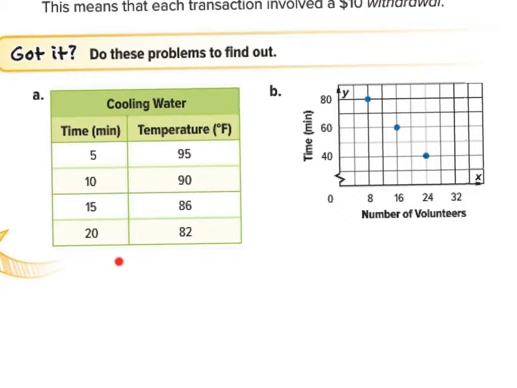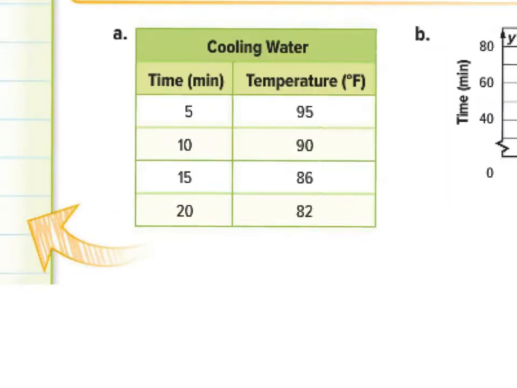If so, why? And tell me what the constant rate of change is. And if not, tell me why not. And here for B, we do the same. Is it a constant rate of change? If so, what is the constant rate of change? And if not, why not? Okay, go ahead, pause the video and try these on your own. Pause now. Okay, I hope you paused the video.